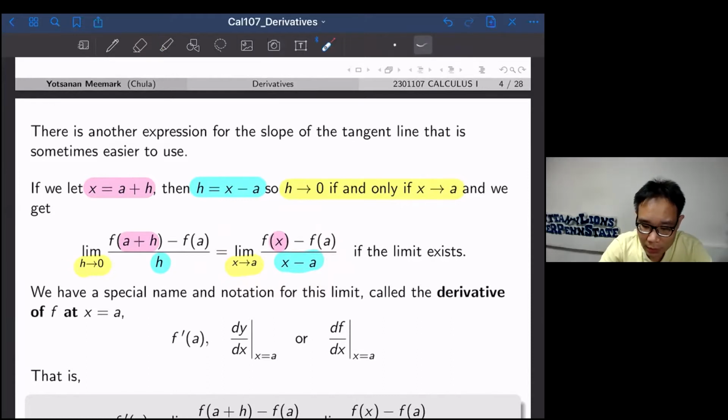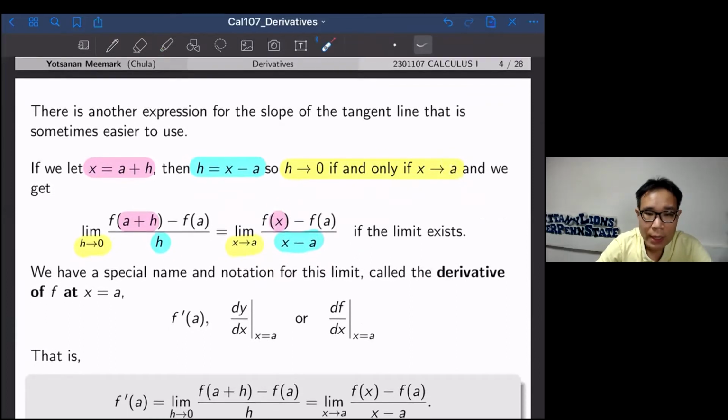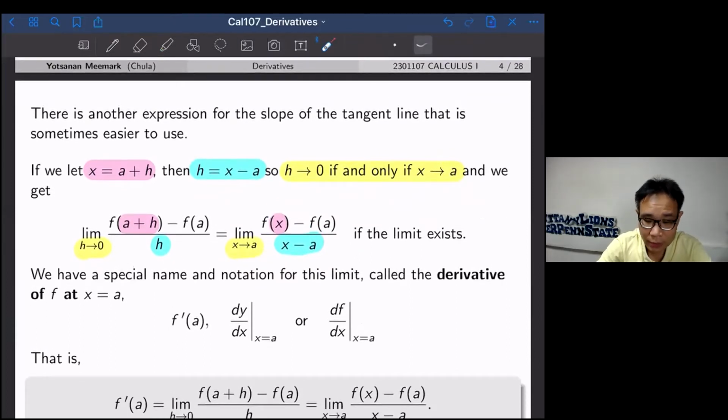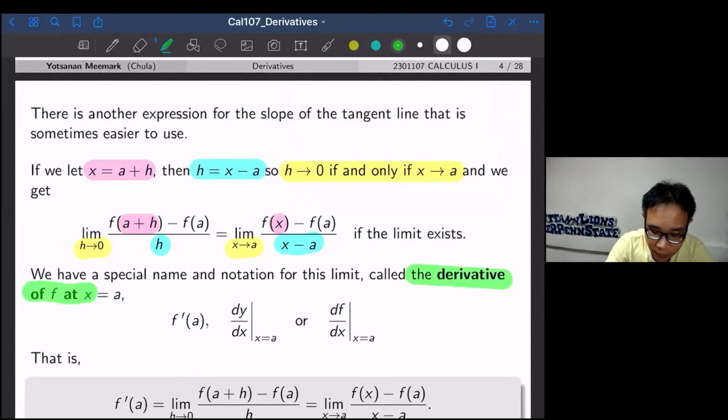The slope of the tangent line at x equal to a has another name. Another name that we're going to use for this important number is the derivative of f at x equal to a. So the derivative means slope.